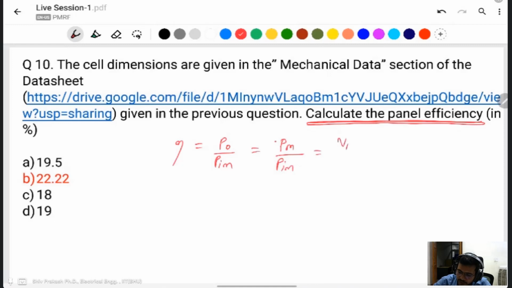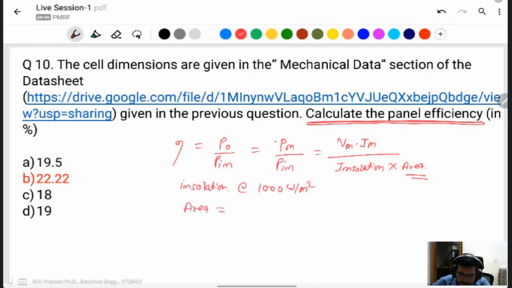This one is Vm into Im. P in is the insolation into area. Insolation we can take at standard, which is 1000 watt per meter square.